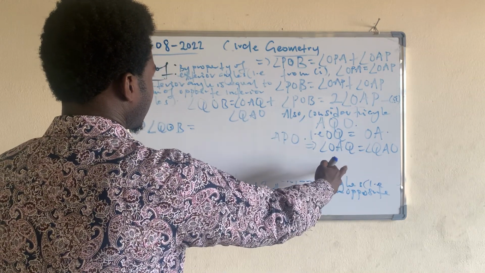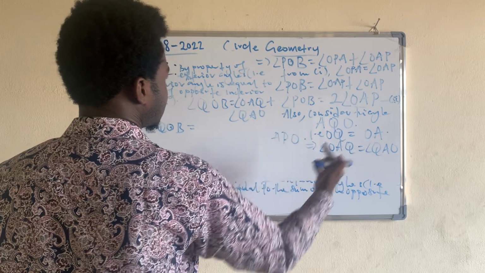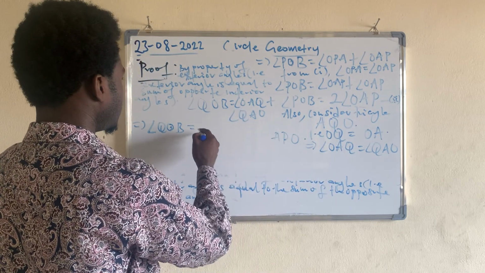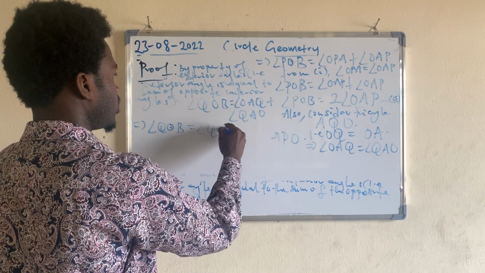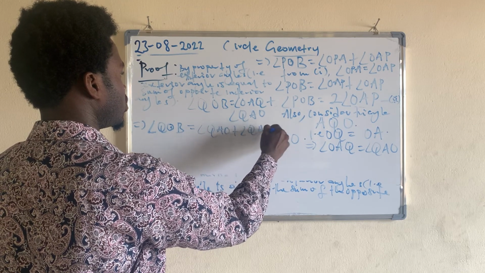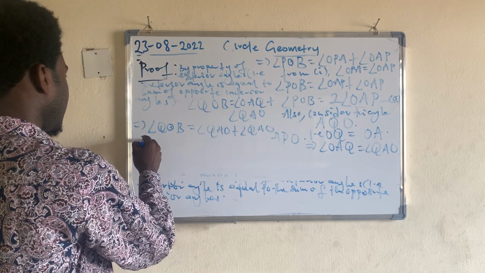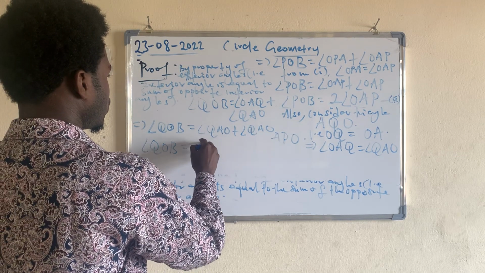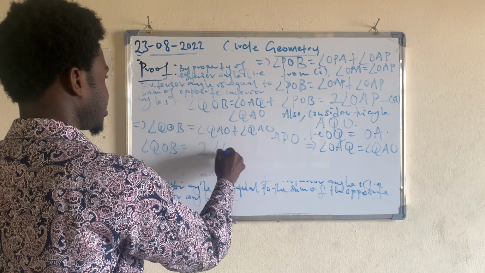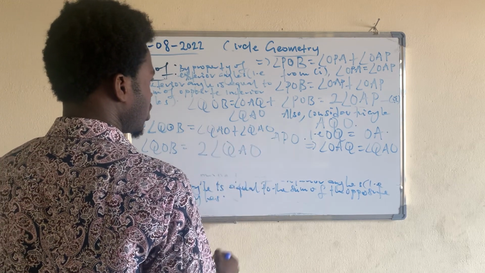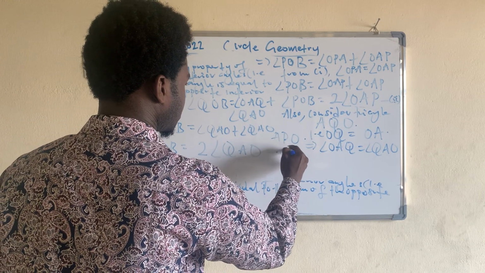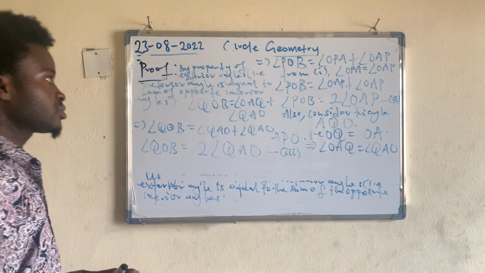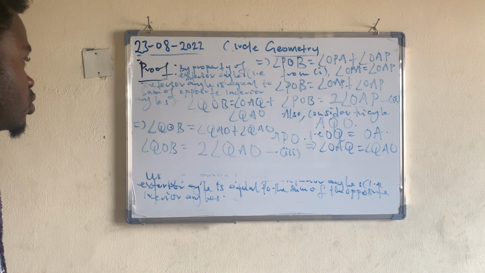So I will say angle QAO plus angle QAO, so I have angle QOB is equal to twice of this QAO. I can call this equation 3. Now, very good.